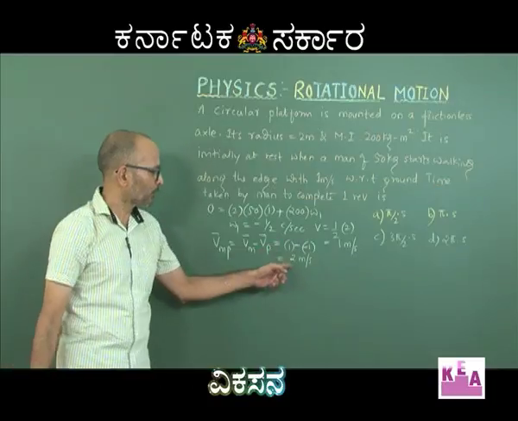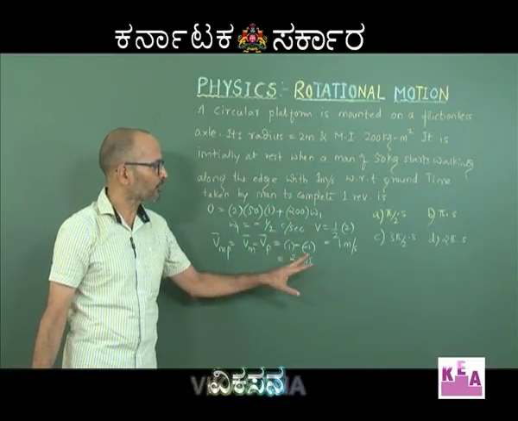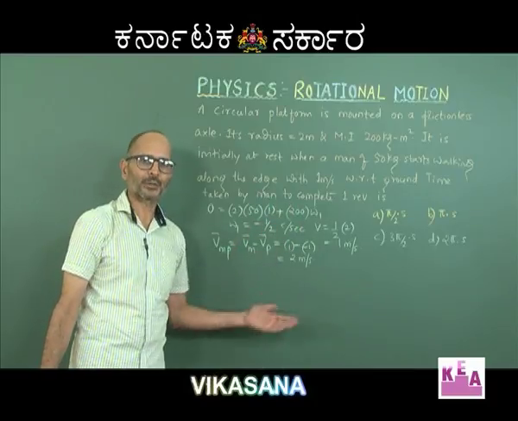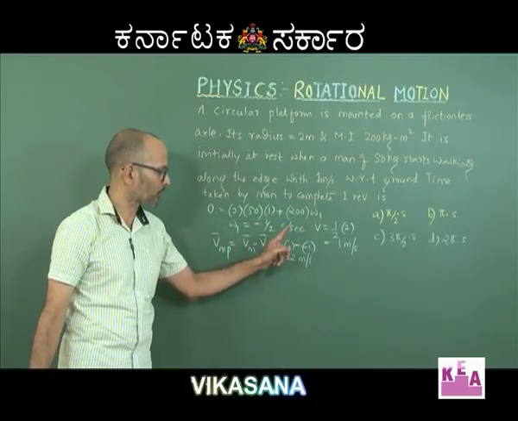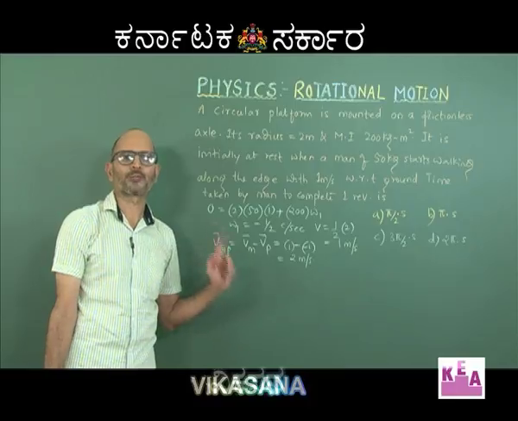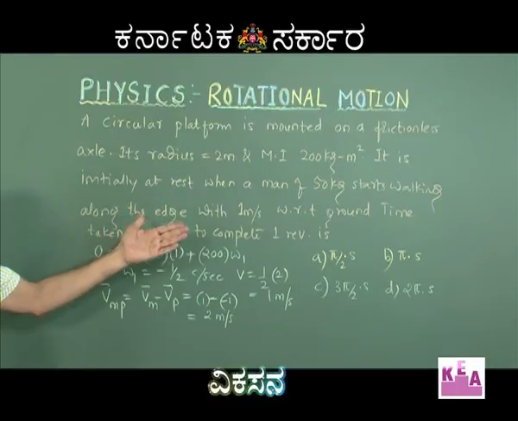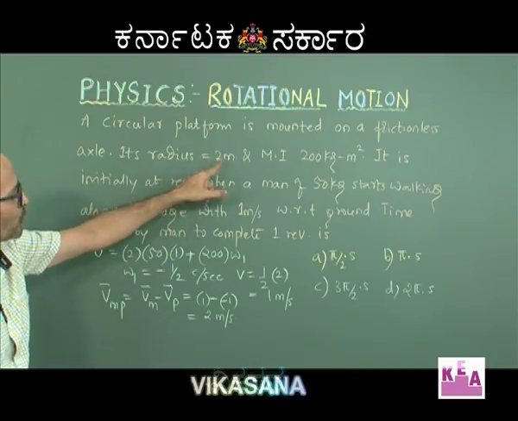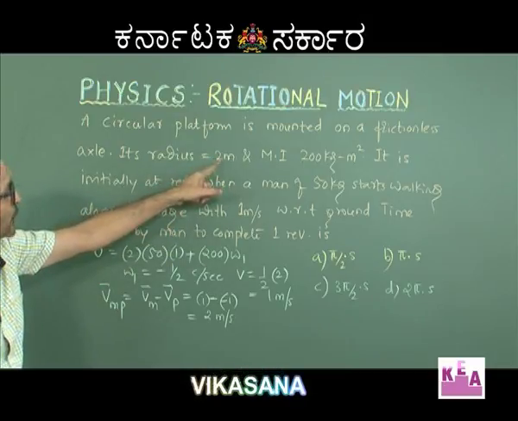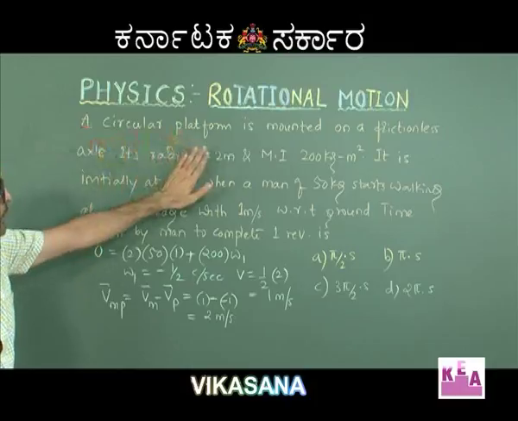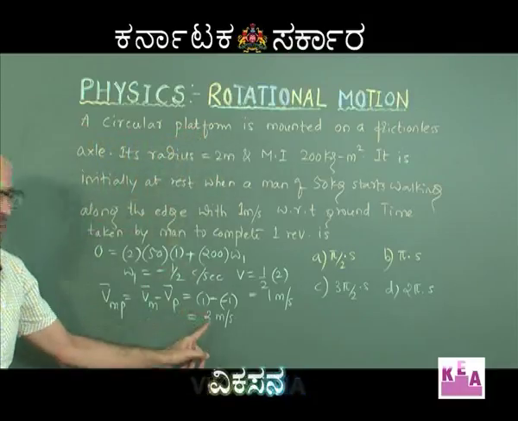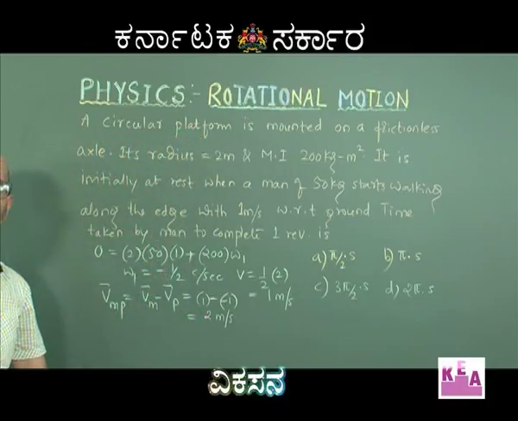So, the relative speed with which the man on the edge of the platform is walking with respect to the platform is 2 meters per second. And therefore, in order to go round once, which is basically travelling a distance of 2 pi r, which is 4 pi, because r is 2. So, 4 pi is the distance he is supposed to cover, and 2 meters per second is the velocity with which he is moving.